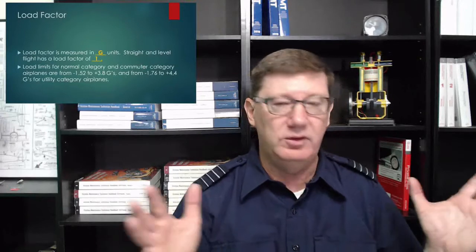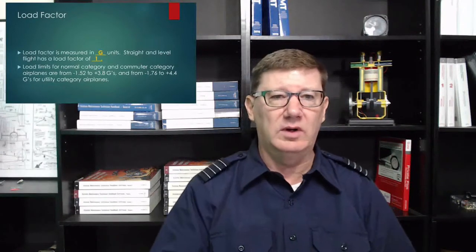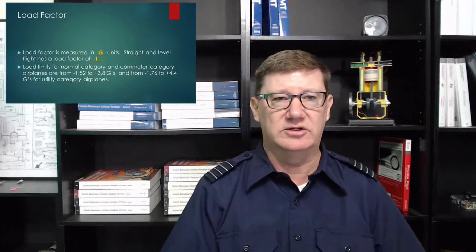Now, how do you pull Gs in the airplane? That comes from a number of different things, but basically Gs are caused by acceleration in any direction. If you're in your car and you make a really sharp turn, you feel lateral Gs, pushing you to the outside of the turn.